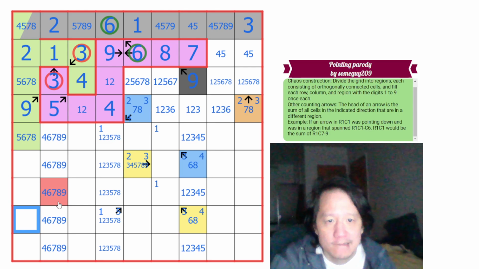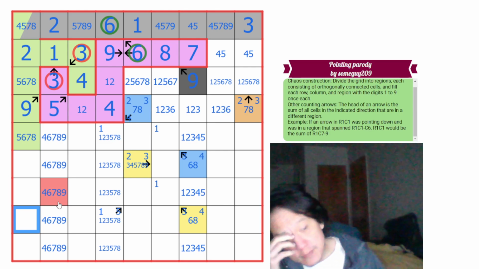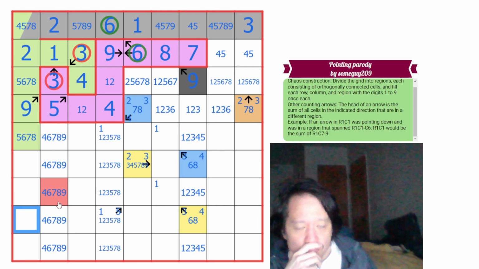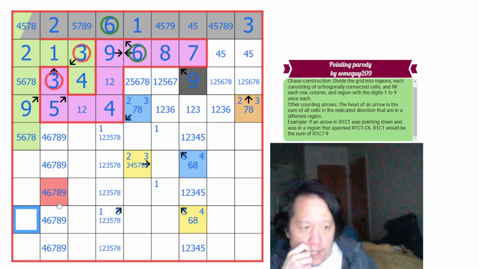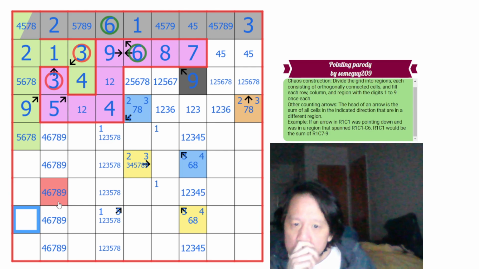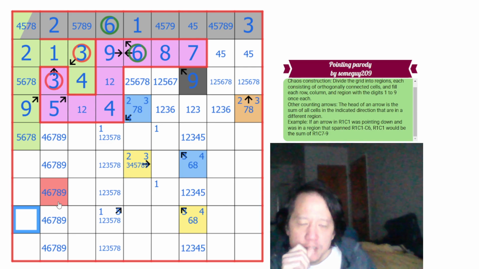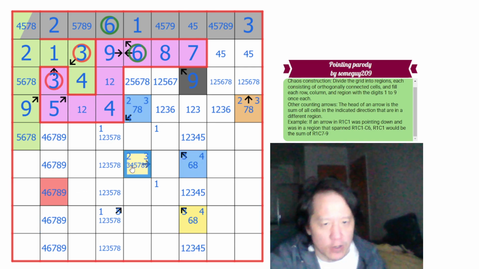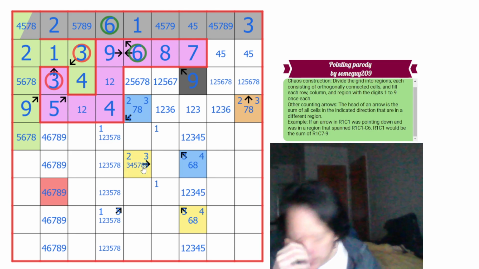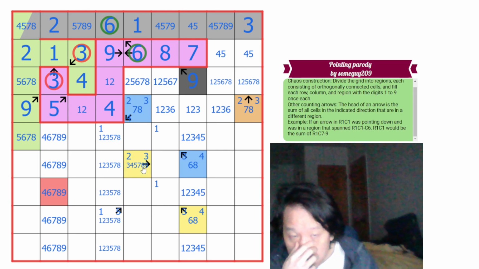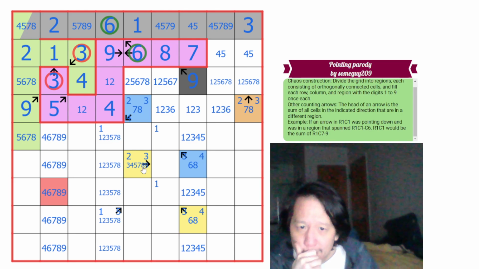What else? If blue and yellow are different, that means this has to be 7, 8, or 9.